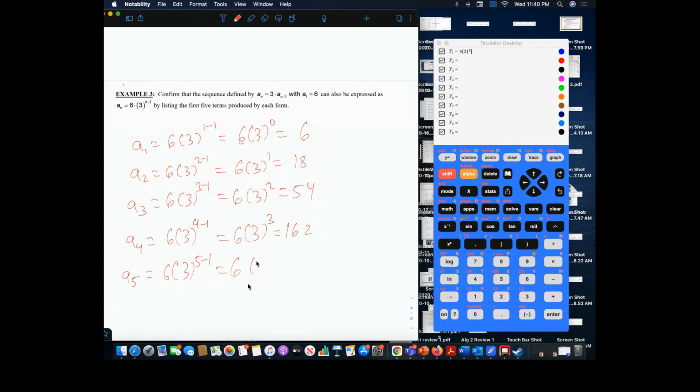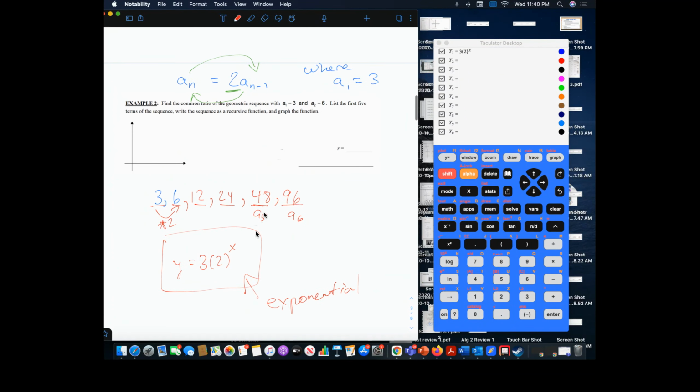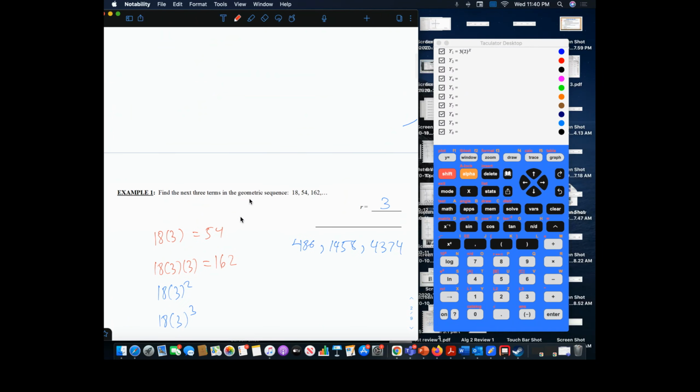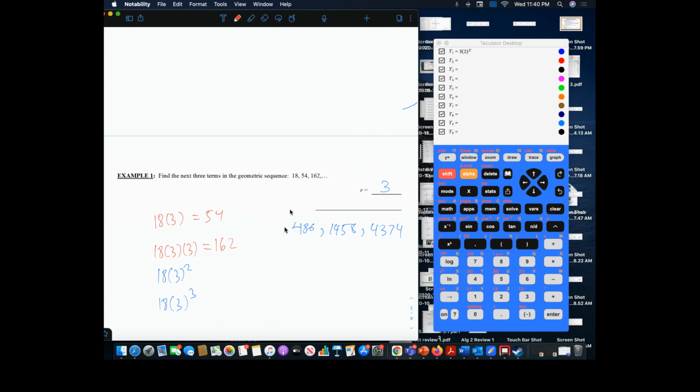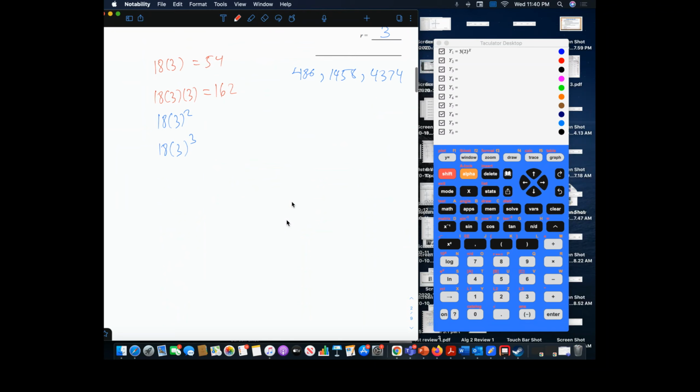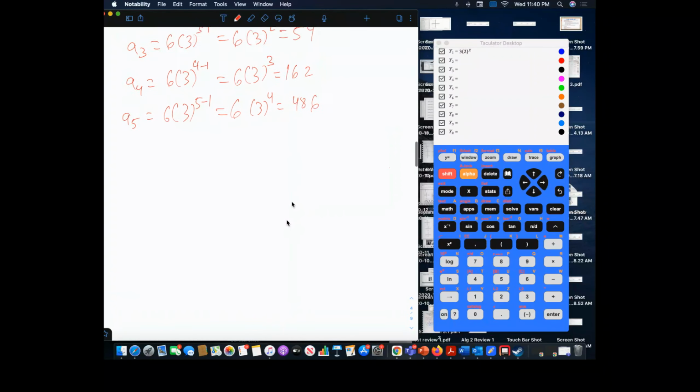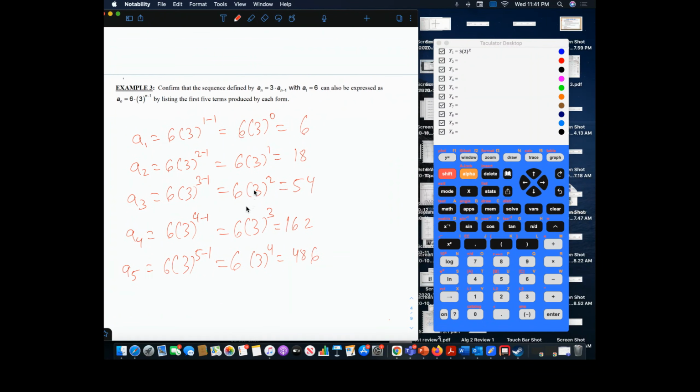That's 6, and 8 times 6 is 48, 486. So these numbers are actually doing the same thing over and over again, right? So 486 was the last one? Yep. Okay. So there you have it.